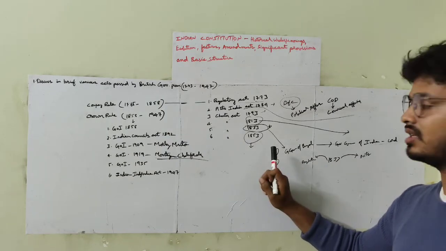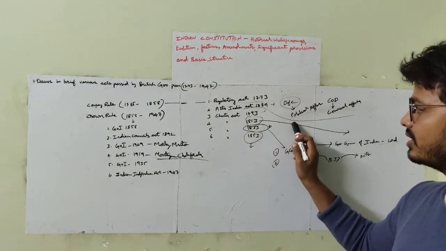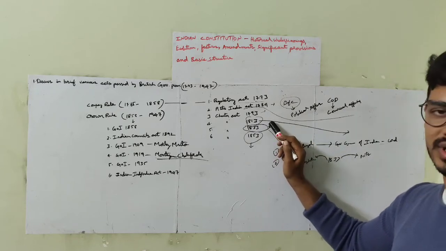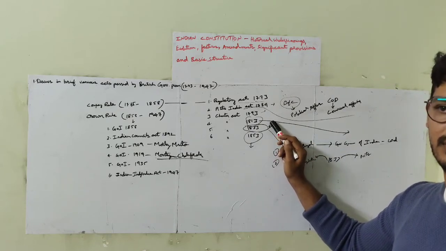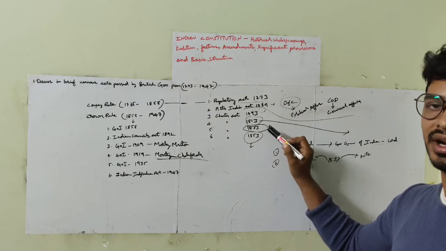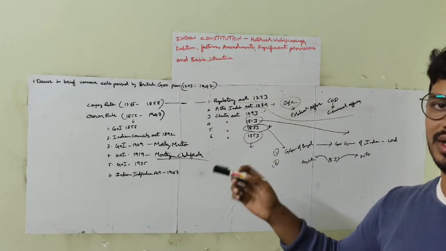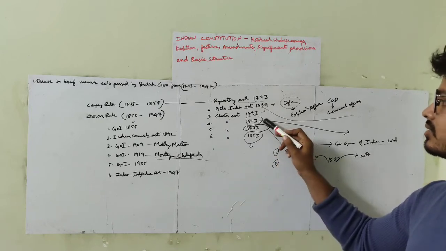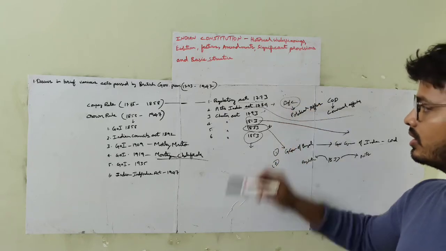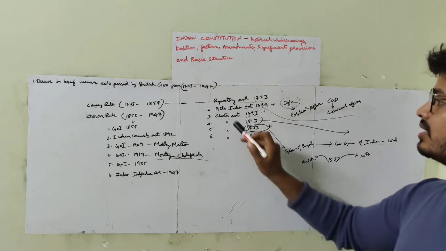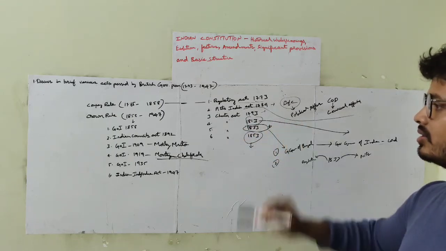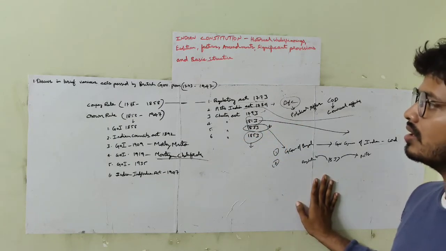Out of which this Charter Act of 1833 is important, and 1813, which broke the monopoly of the trade, except in the trade of tea with China. This thing is important. 1773 is important, and that's it. Quit India Act 1830, 84 is also important. This is all about the company rule.